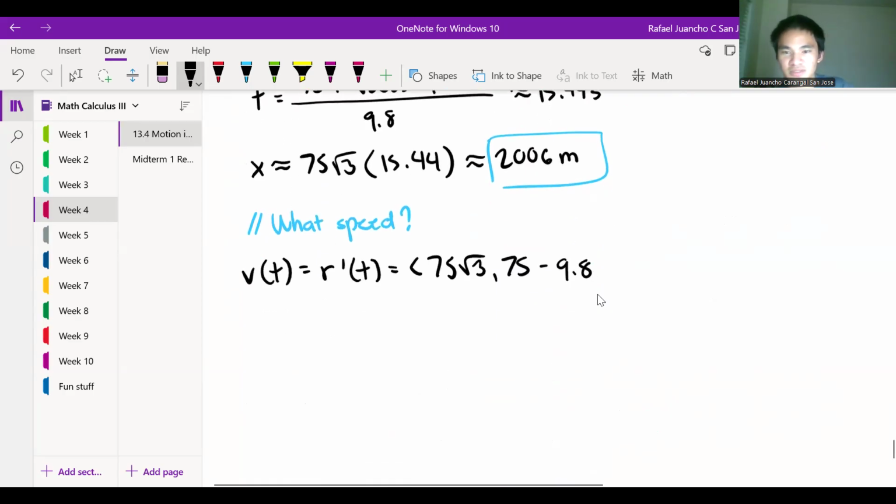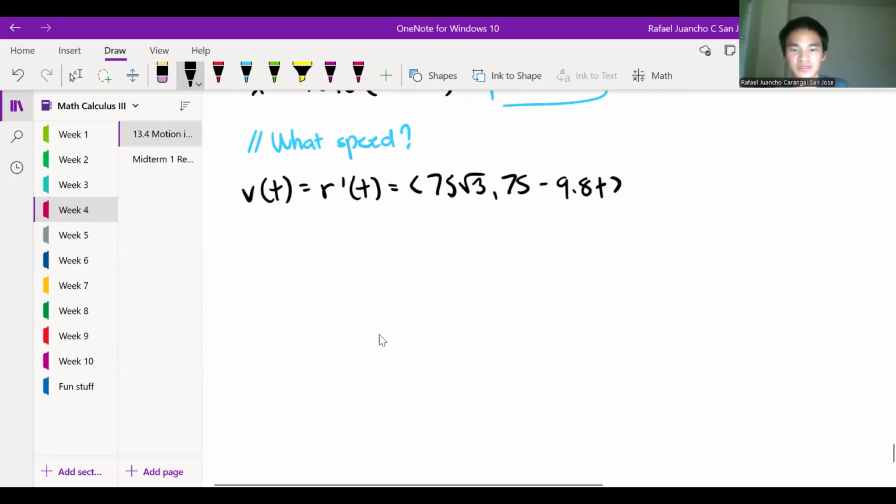And then this just becomes t. Okay, I think that should be it. And then it's asking for a speed. So that means we get the absolute value of my speed specifically after around 15.44 seconds.